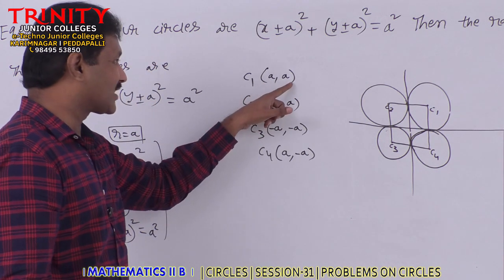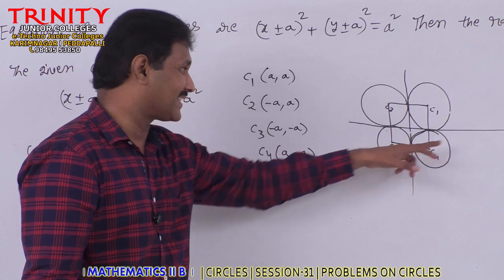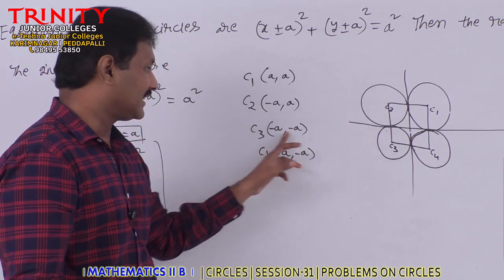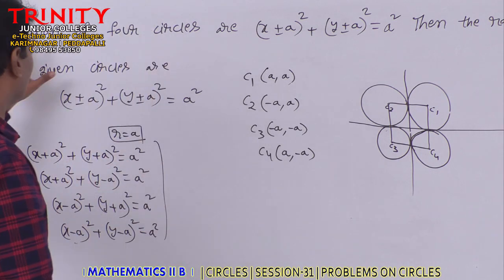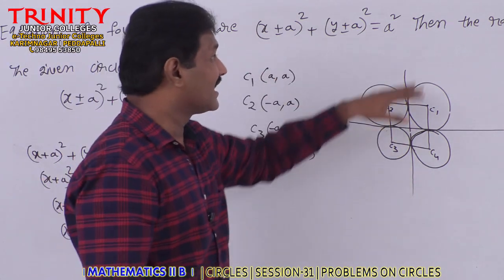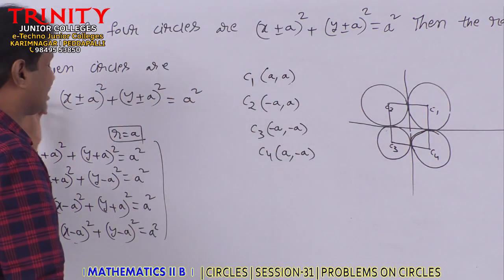Because the x and y coordinates of the center are the same, the circle touches both coordinate axes. The others are (minus a, a), (minus a, minus a) and (a, minus a). Actually, the equations of the 4 circles are like this. Then find the radius of the circle touching all the 4 circles.